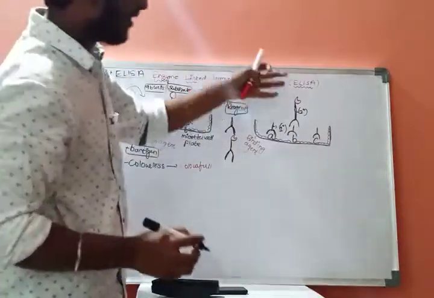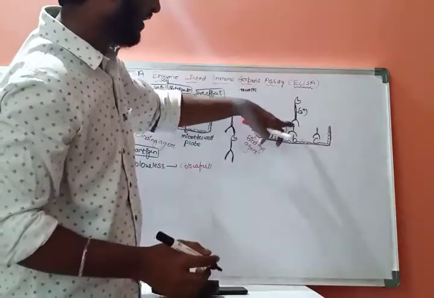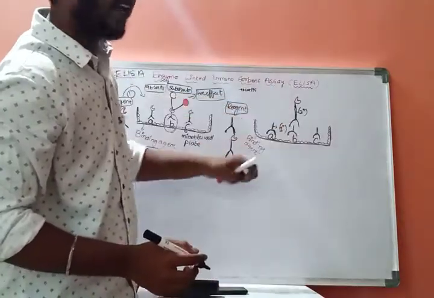Whenever the secondary antibodies are poured into the solution, they will get attached to the Fc end of the primary antibodies.